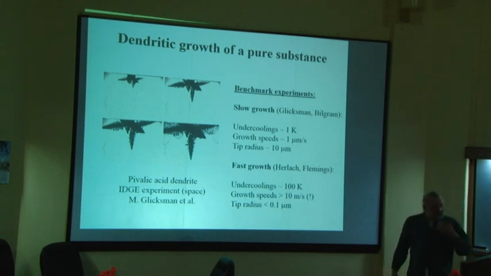But why is this important precisely? Because this problem has been studied a lot by physicists and mathematicians. So it's very important to test these theories with experimental data that are as good as possible. So you can do that for this sort of relatively slow growth in microgravity experiments. We'll also see there are other experiments on extremely fast growth, where you put yourself in an electromagnetic levitation facility.